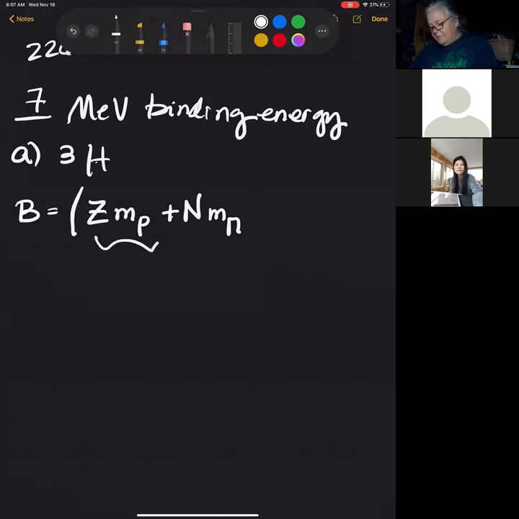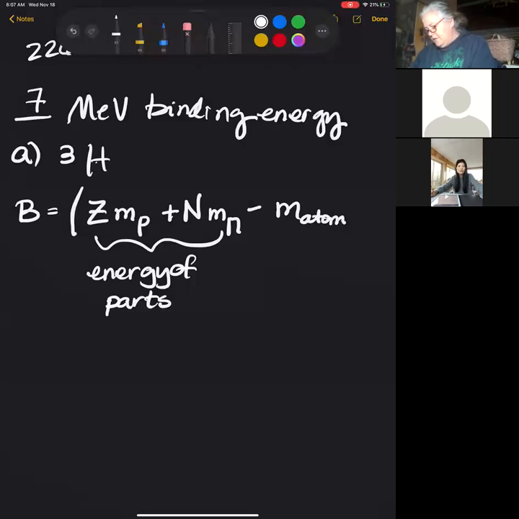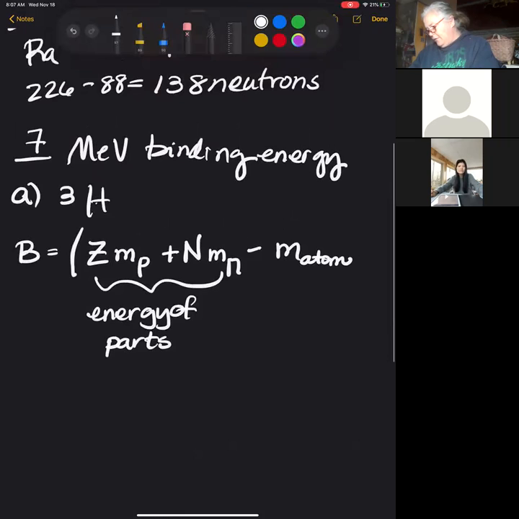So that's the energy of the parts. Okay, so that's the individual pieces, the number of protons plus the number of neutrons. And then you subtract from that the mass of the actual nucleus, when it's all together. You have to look all those up, okay?